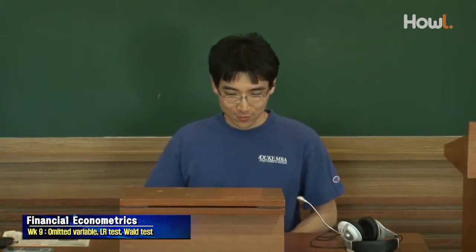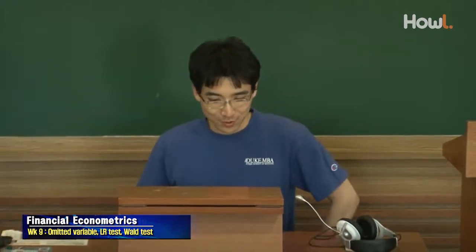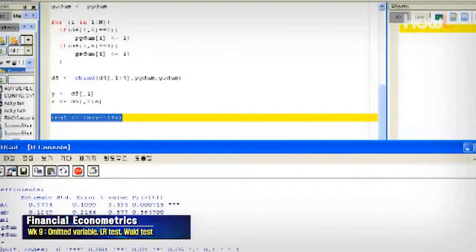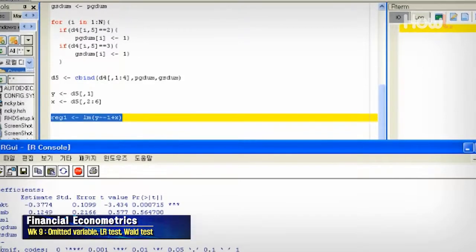Okay, so let's see. If I see the regression result, then the market factor is very significant, and then the value factor is very significant. The value factor is significant and positively related, and it is less than 1. Okay, less than 1.